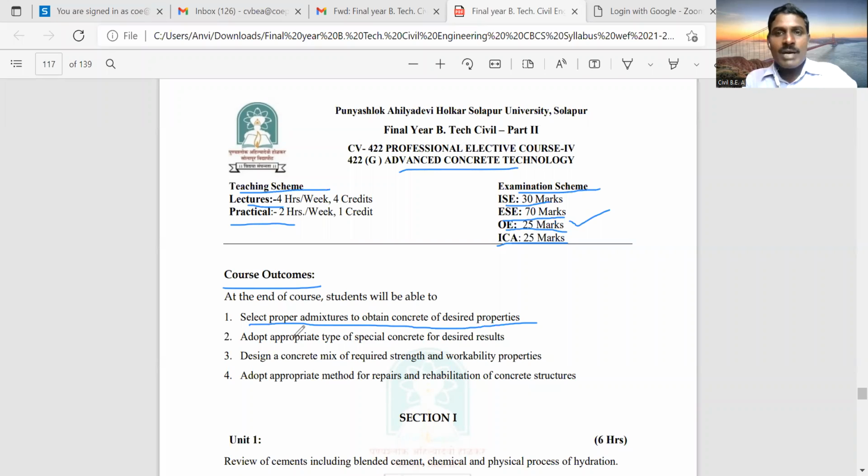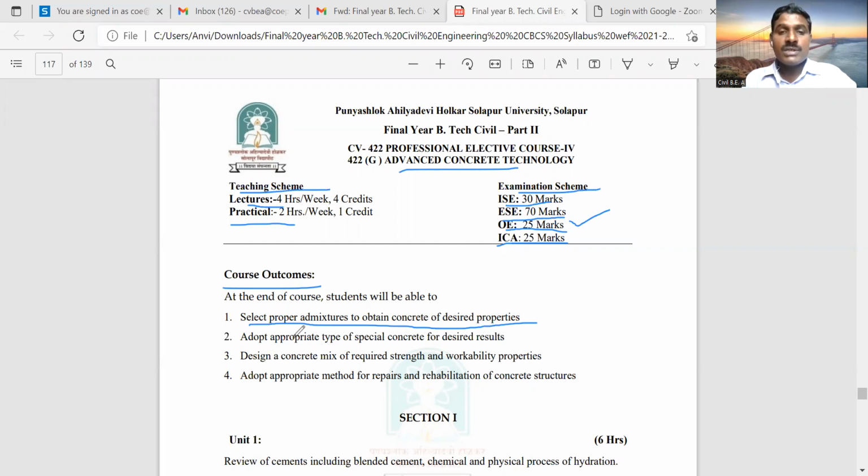Why do we have to use admixtures? We have to add admixtures because sometimes we have to maintain the workability of concrete. Sometimes we have to achieve the early strength of concrete. Sometimes we have to place the concrete on site 1 or 2 hours after making it. When concrete comes to the site from the RMC plant, a long time span is required from the RMC plant to the site.